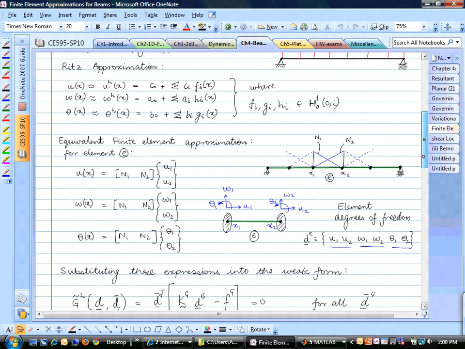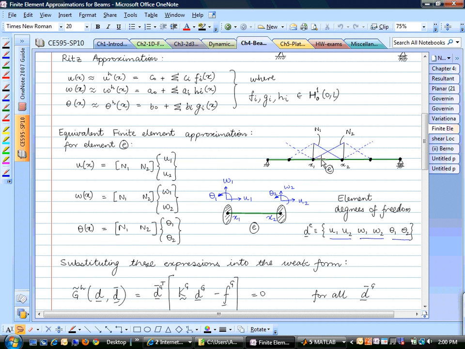So what happens when we choose these shape functions is that for any particular element, the degrees of freedom for that element are going to be axial displacement at node 1, transverse displacement at node 1, and theta, rotation. So there are 3 degrees of freedom per node whenever you choose a Timoshenko beam.